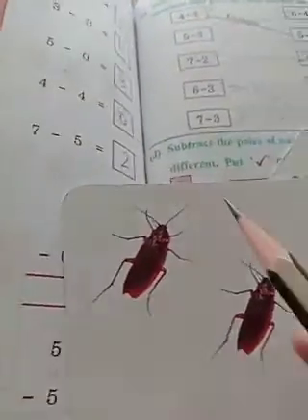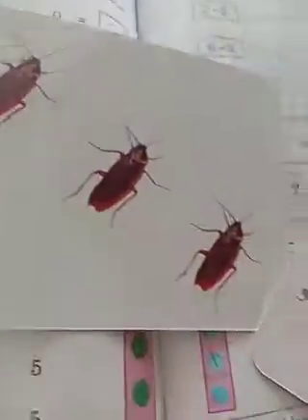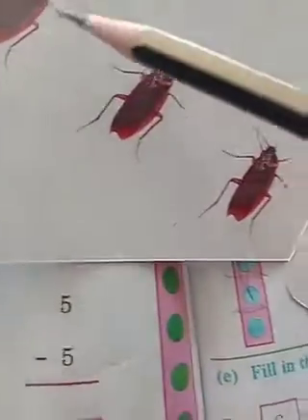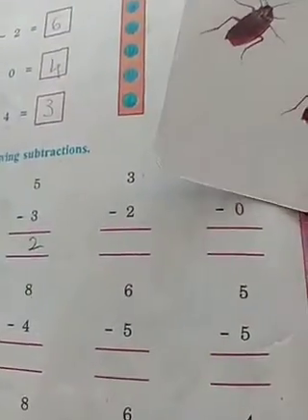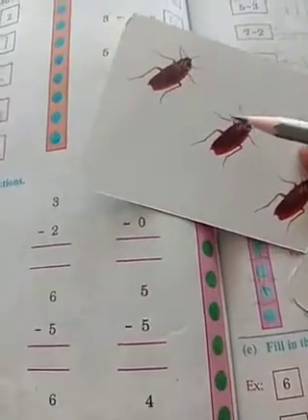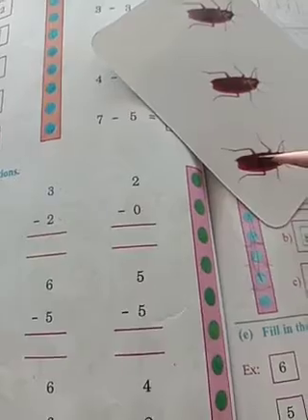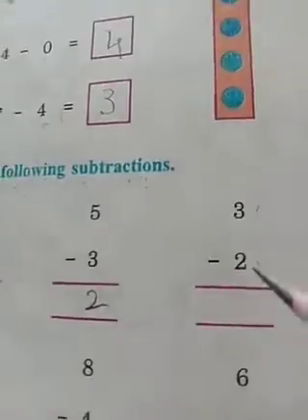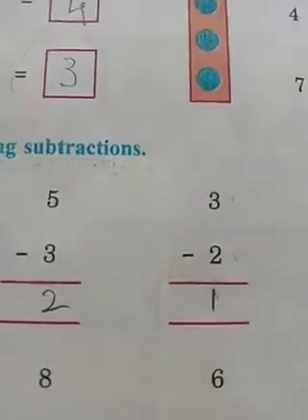Observe in this picture: 1, 2, 3. Out of these 3, how many will we cut? 2 are cut. So how many cockroaches remain? 1. 3 minus 2 equals 1.